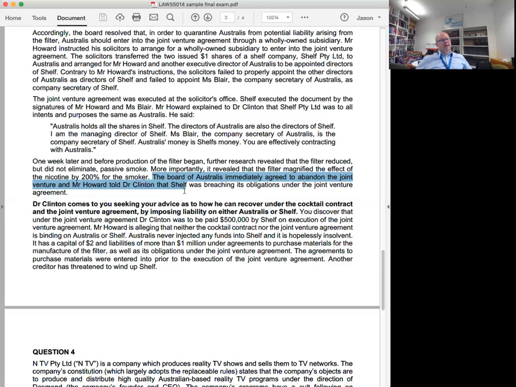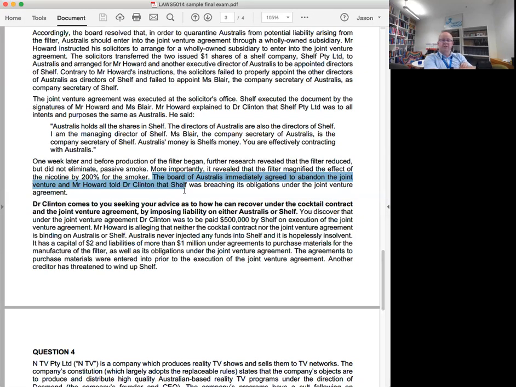And really, this is going to be a breach of contract claim against Shelf, where Clinton will try to recover his $500,000 and then presumably any expectation loss for the failure of the joint venture to go through. So he could bring an action against Shelf, but then the problem is Australis will be cutting off the money.